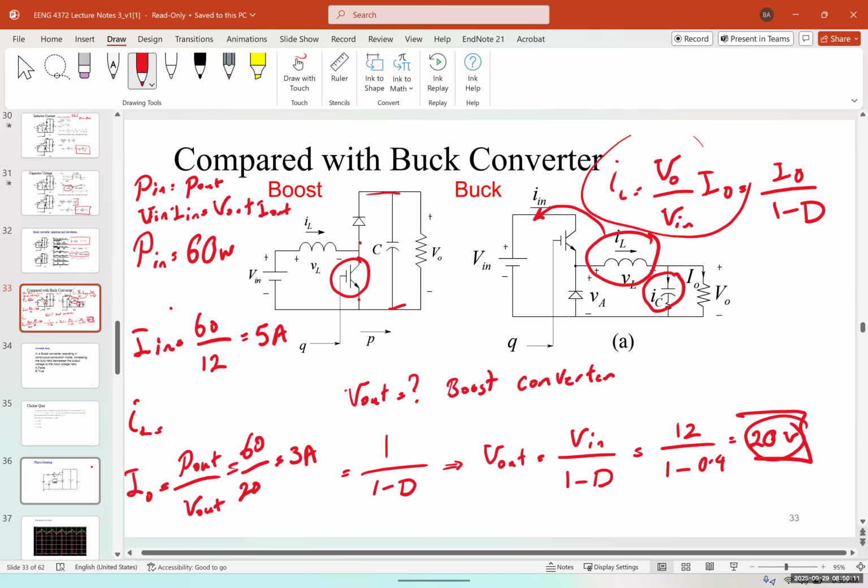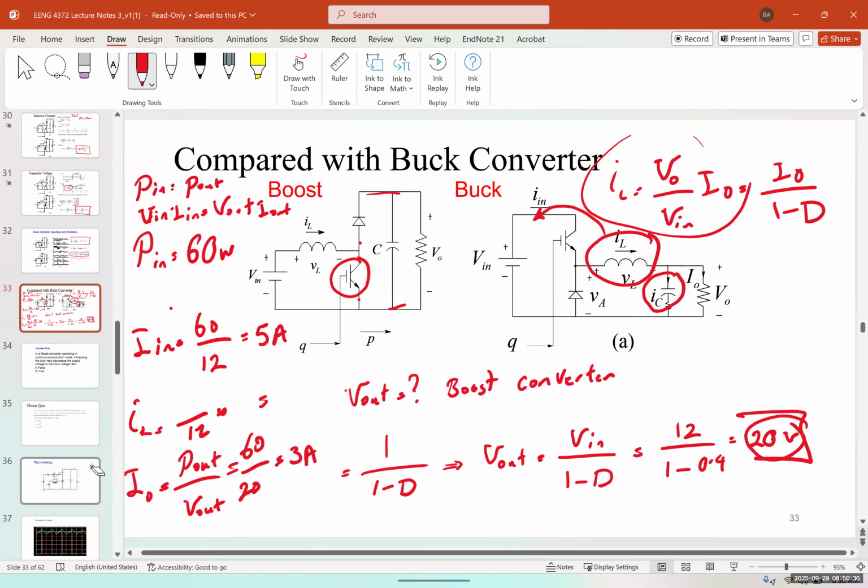So IL would be V out, which is 20 over 12, times 3. If you multiply 1.66 something by 3, it gives you 5.